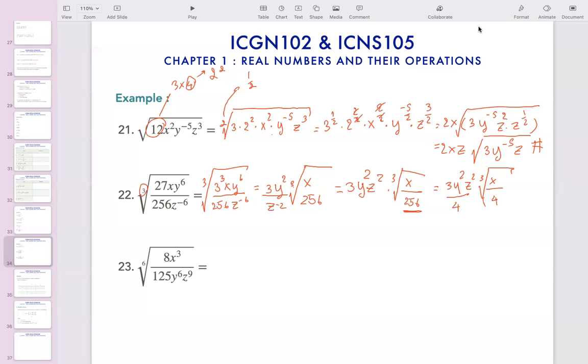And then I can finish my answer here as well. So are there any questions for this example?